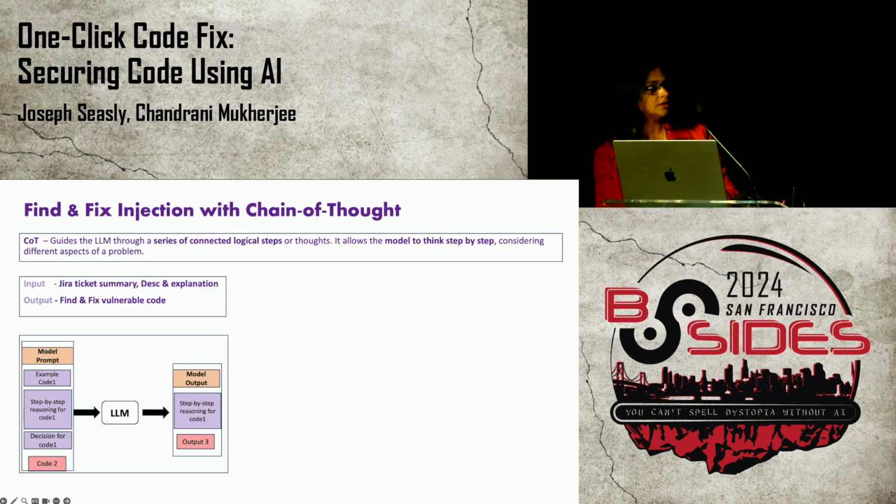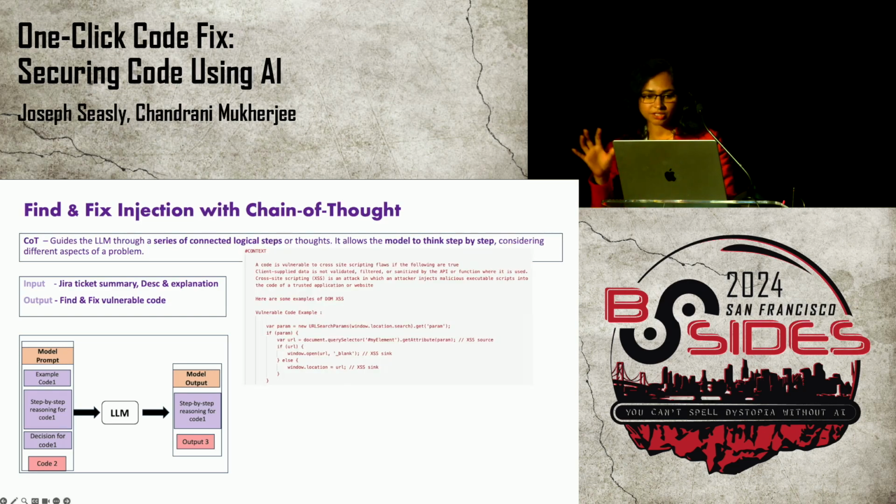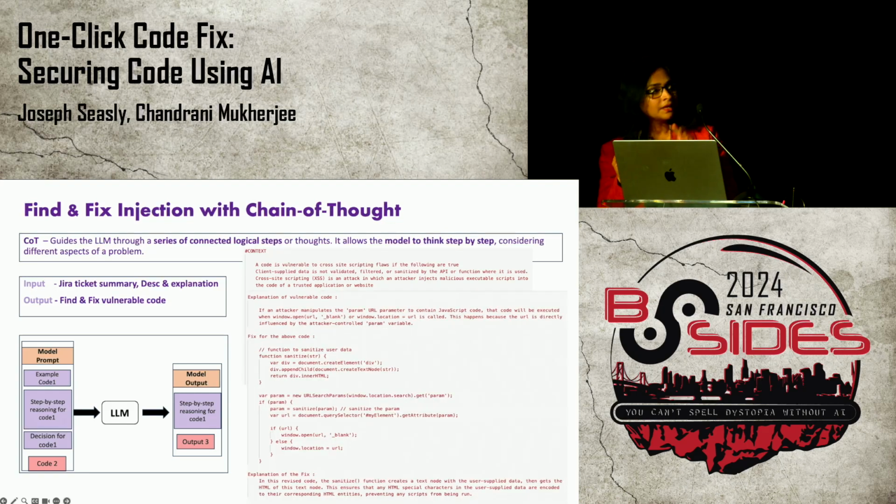So here we are not only giving the Jira ticket summary and the description, but we are also giving an explanation. For example, here is my vulnerable code snippet. Next, I'm giving why I think this is vulnerable. I'm explaining that this param input is coming from user input, and if a malicious JavaScript is loaded, then when the window.url gets executed, it gets executed in your environment. Then I'm giving a proper fix.